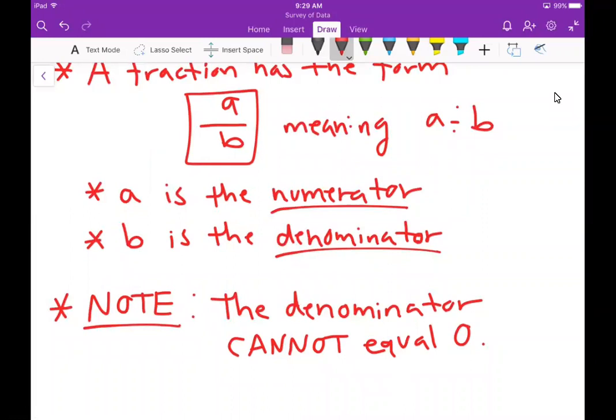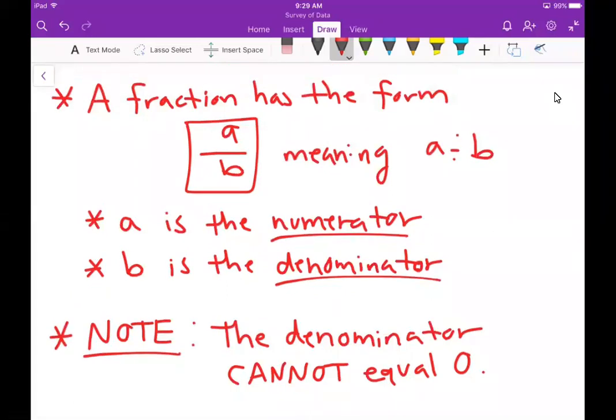So what we want to talk about today is how to carry out operations with fractions, because these are kind of our hardest operations to carry out by hand. And I do want you to try and carry these out by hand. The homework does a really good job of telling you, hey, this one, don't try and do it by hand, plug it into your calculator.